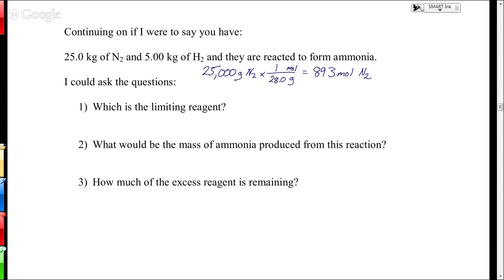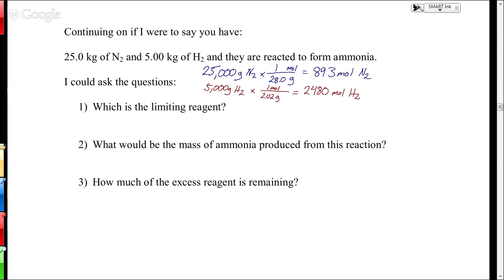And then we've got 5,000 grams of hydrogen, divided by 2.02 grams, is going to be 2,480 moles of hydrogen.